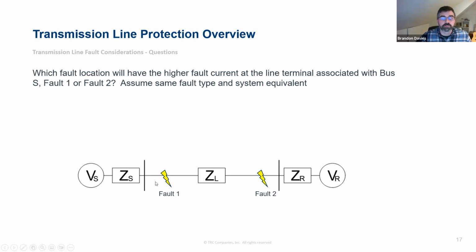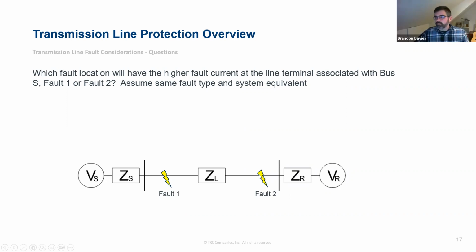Which fault location is going to have the higher fault current, fault 1 or fault 2? Fault 2.